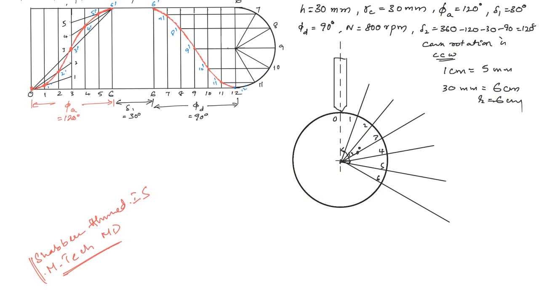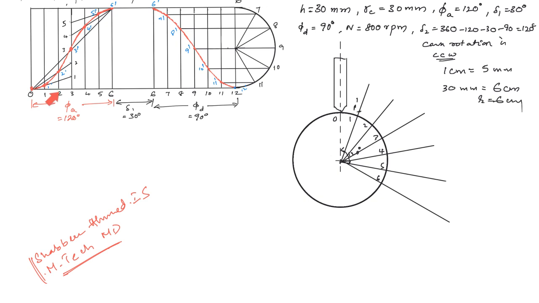Now transfer the length 1 dash to the first line on the first segment. This 1 dash length must be equal to that length. Take it using a compass and transfer it on this line.